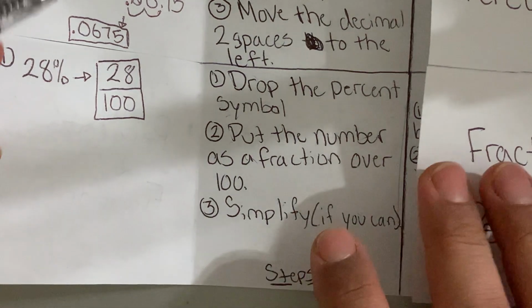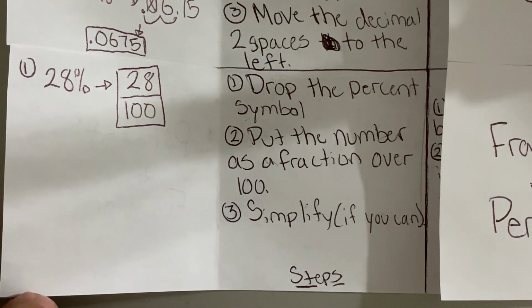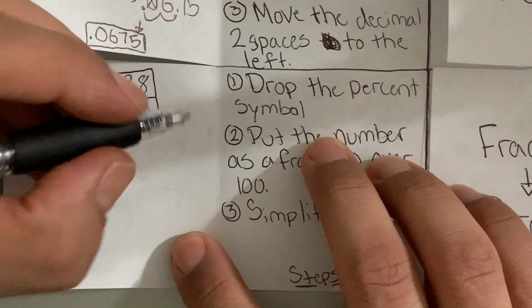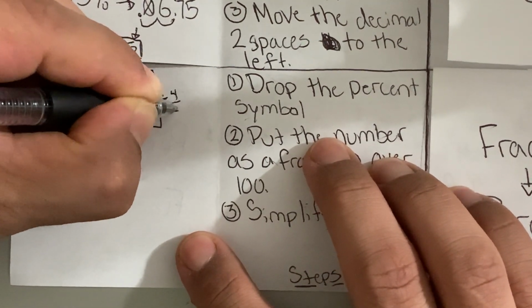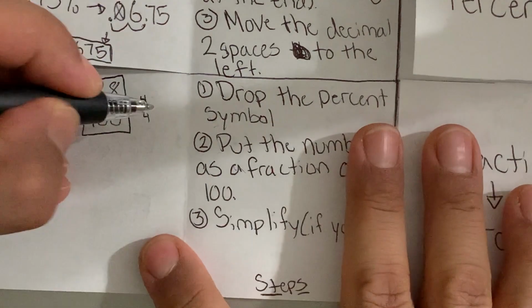This can simplify by, if you're thinking 2, you're correct. So you can simplify it. But if I'm thinking the biggest number that it could be, I'm going to think 4. 4 is the largest number that you can simplify with. You could do it with 2 and it'll get smaller, but you want to try to simplify to the smallest it could possibly be.